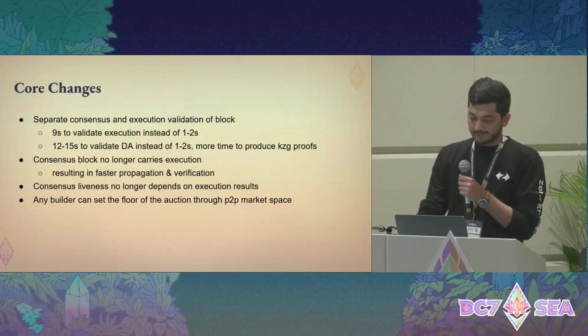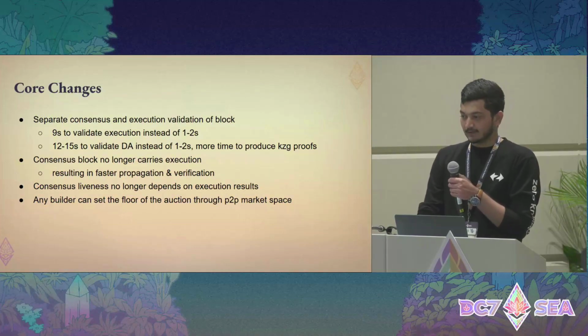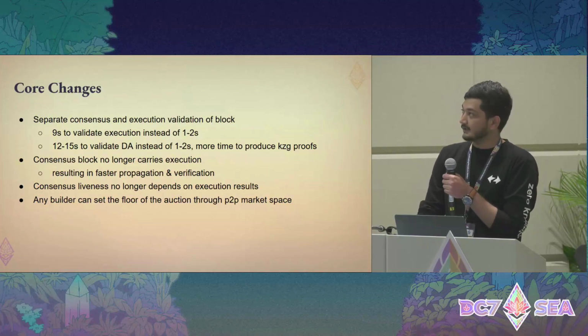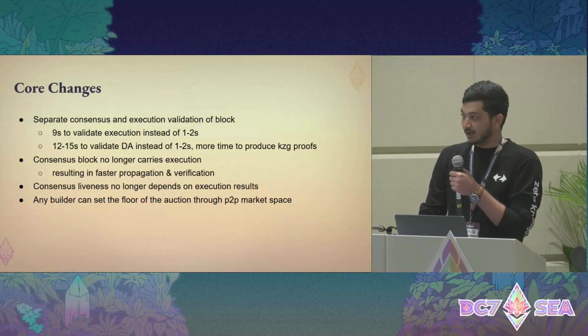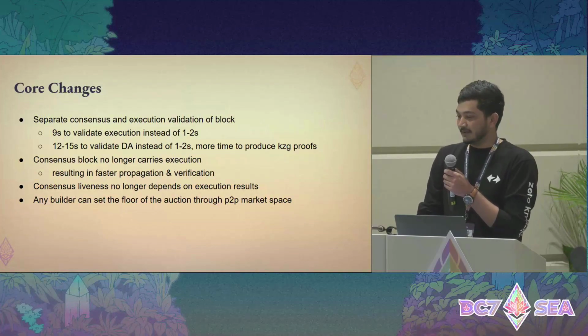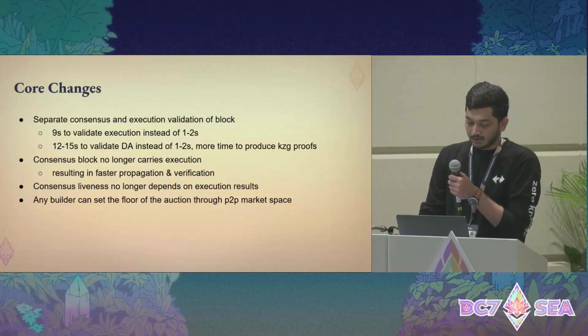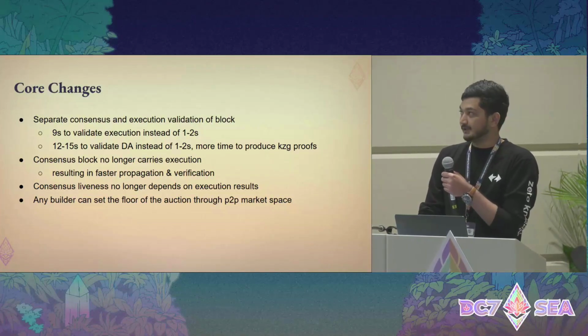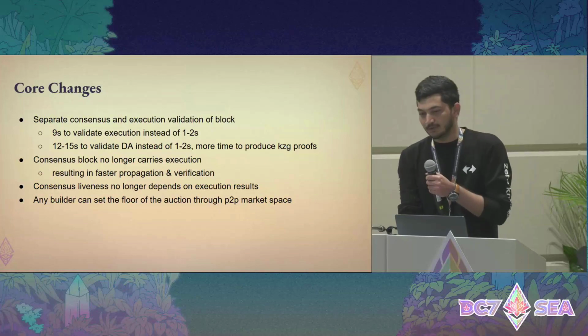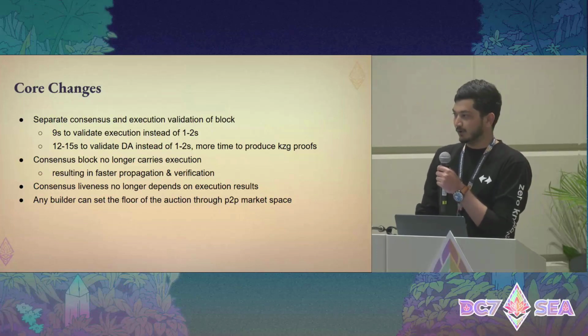What ePBS does is separate the consensus and execution validation of the block. Right now, the Ethereum block has only about 2 seconds to do everything, like validate DA or produce the KZG proofs. What this will do is separate the consensus block from the execution block.